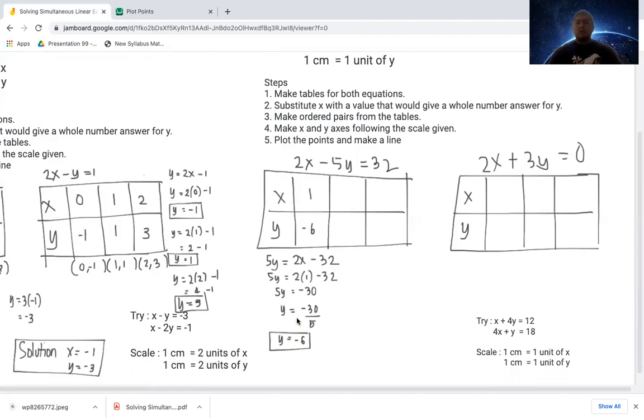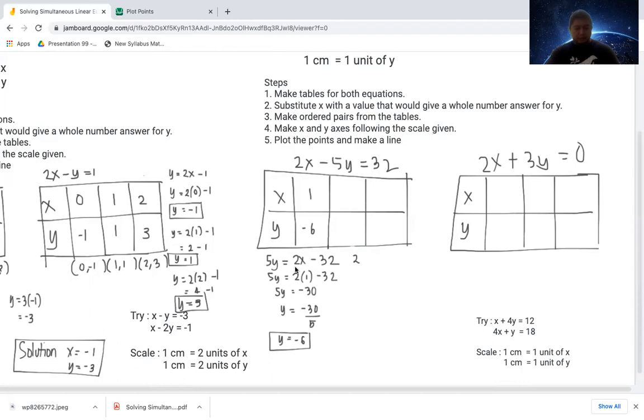So again, you're going to think: 32 becomes 30. So is it possible for you to make it 22? Yes. So how do you make it negative 20? So we are going to provide a value of 6, so that negative 32 added by 12 is going to give us negative 20.